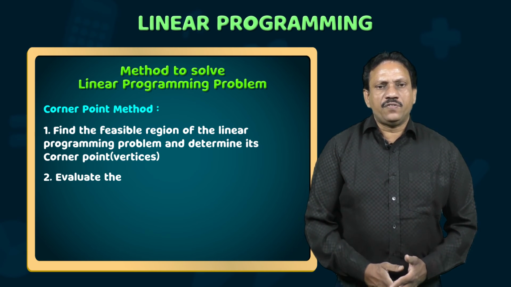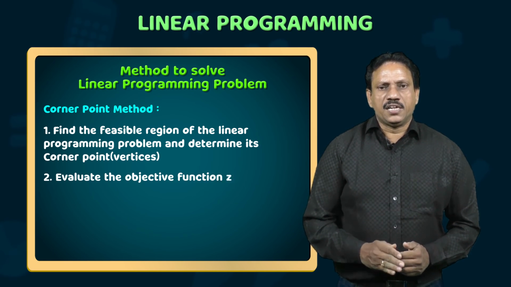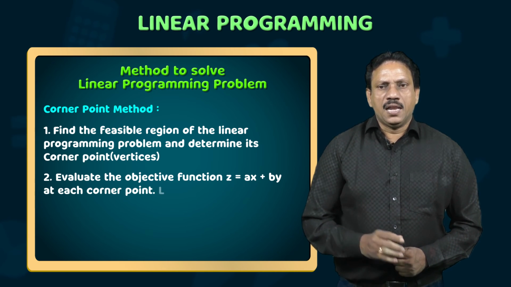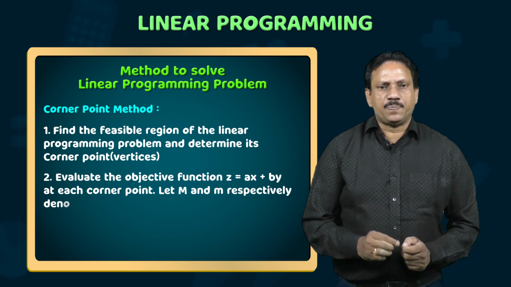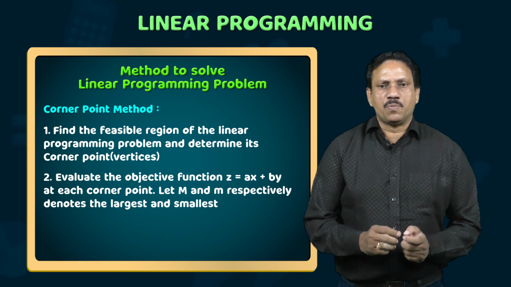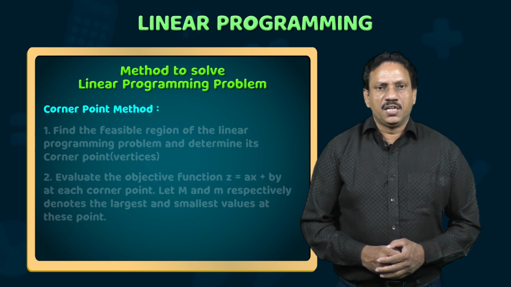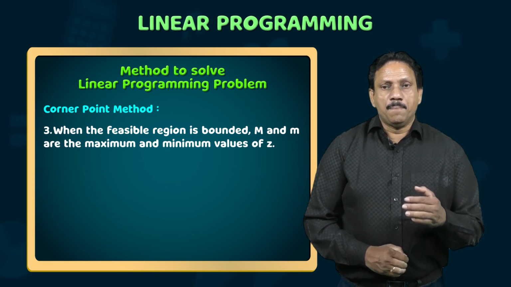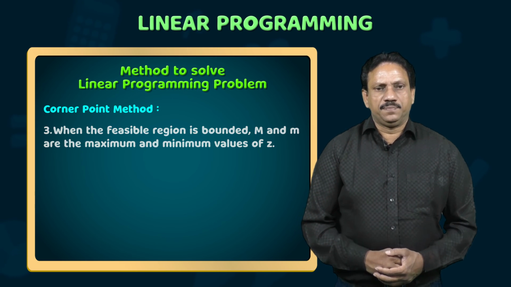Number 2: evaluate the objective function z equal to ax plus by at each corner point. Let capital M and small m respectively denote the largest and smallest values at these points. When the feasible region is bounded, capital M and small m are the maximum and minimum values of z.